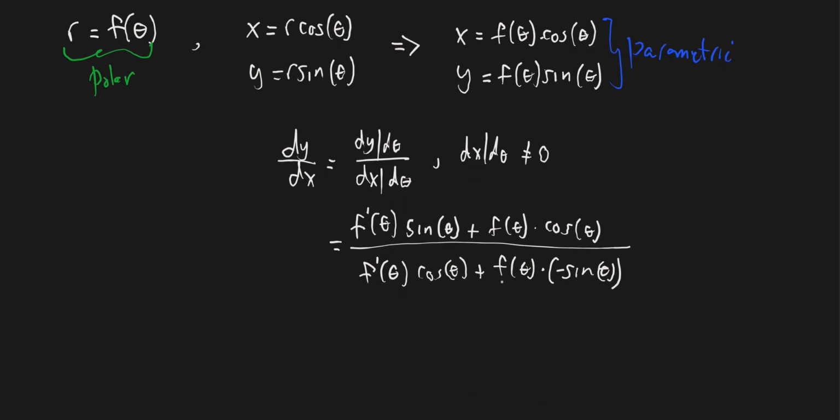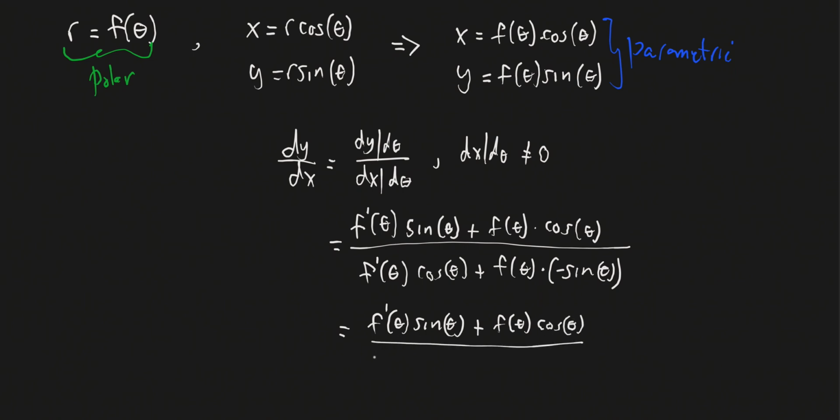Now, as far as simplifying this, if you look closely, you'd think surely there's something I can use to simplify this expression. And quite frankly, there isn't, right? Because if you look at all four terms in this expression, there is no common factor.